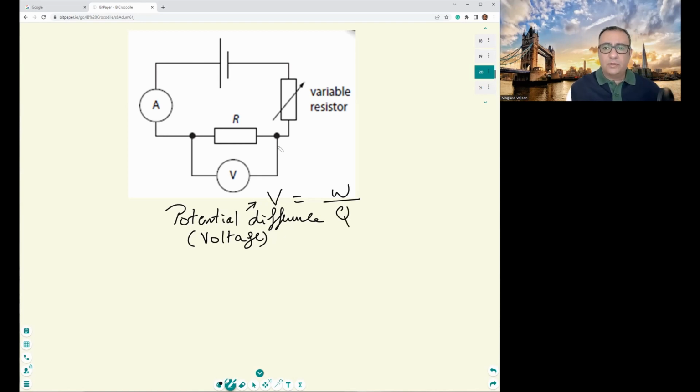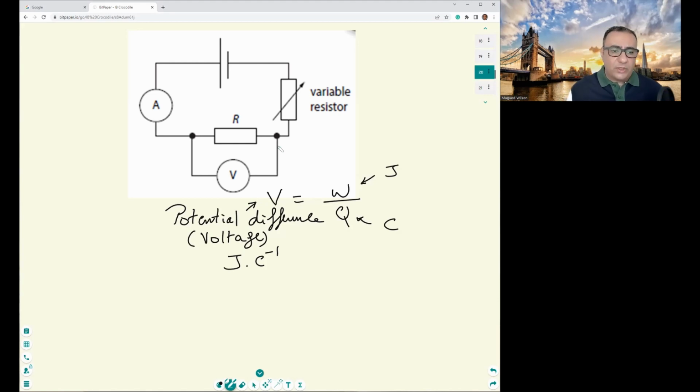So work over Q. The unit of work, we know from mechanics, is joule, and the unit of charge is Coulomb. So the unit of potential difference is going to be Joule Coulomb minus 1.